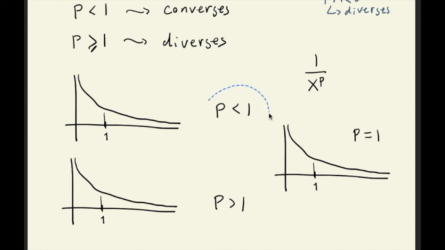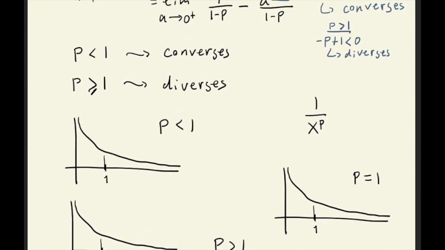When p is smaller than 1, we have figured out that this area here is finite, right? Finite area. So think, for example, what I always think of is 1 over root x, when p is 1/2.